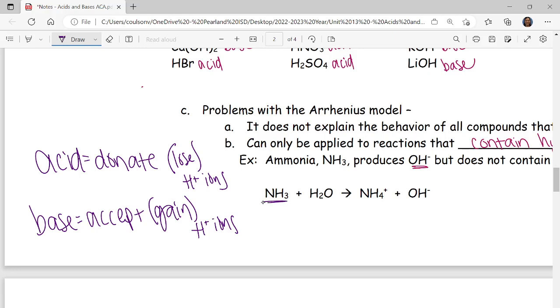If I'm looking at NH3 and I'm looking at NH4 on my product side, what had to happen for NH3 to turn into NH4? Did it have to gain a hydrogen ion or lose a hydrogen ion?